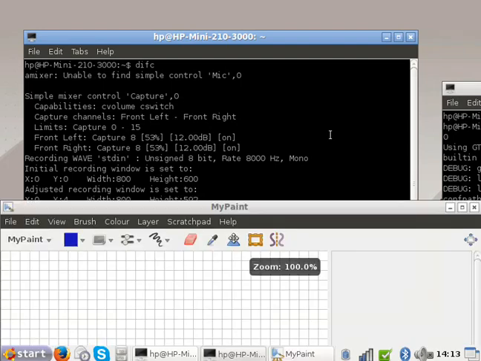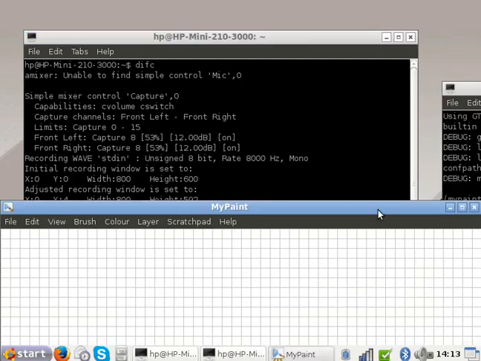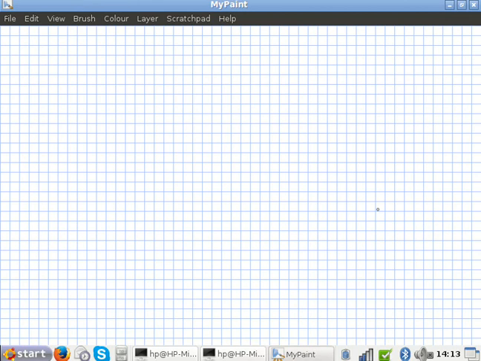So let's have a look here. Okay. Where's my mouse? Come on. I don't see it. There it is, but it's not moving.